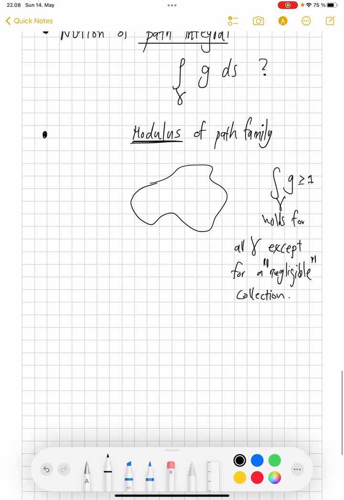And this negligible is where we bring in the notion of modulus of path families. With these two notions in hand, we really are ready to define Sobolev spaces.